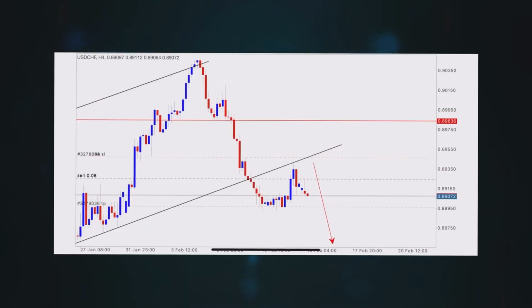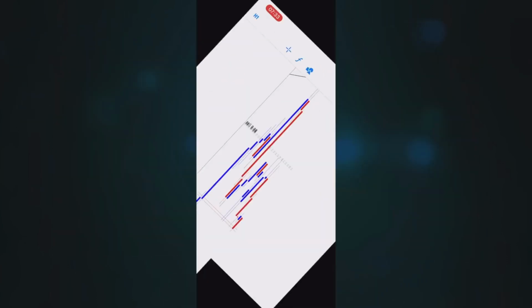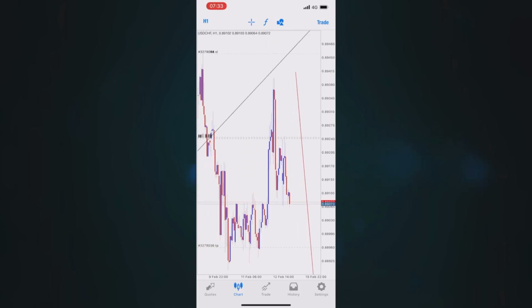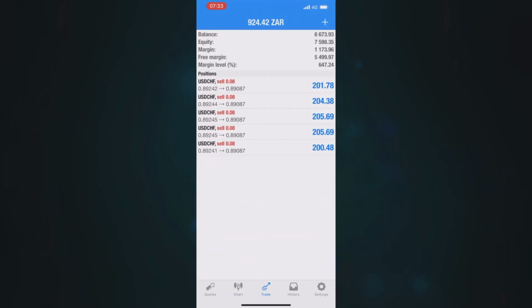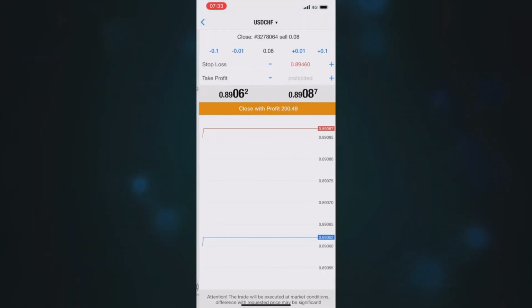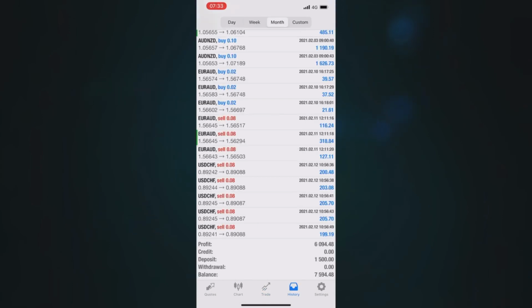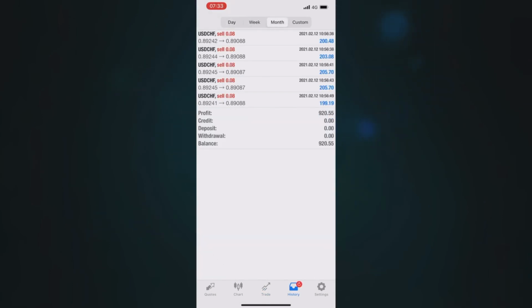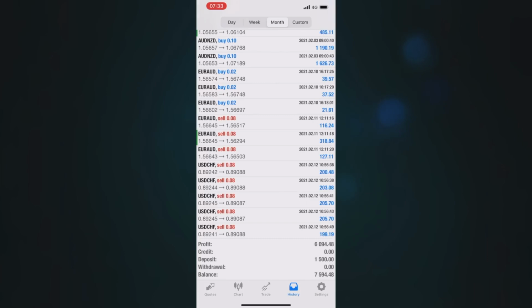You have to know that when you grow a small account, your aim is to basically not lose momentum of your profits. Make sure that you capitalize and close profits and look for new setups. Remember, when you analyze, guys, you analyze to find setups, and your setups are your trade. You trade setups. This is the current progress at this moment. We can see that we've basically made 6,000 profits, guys.